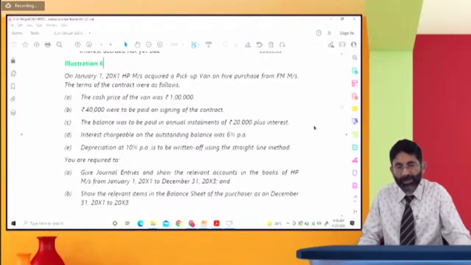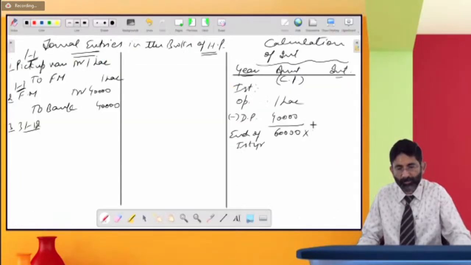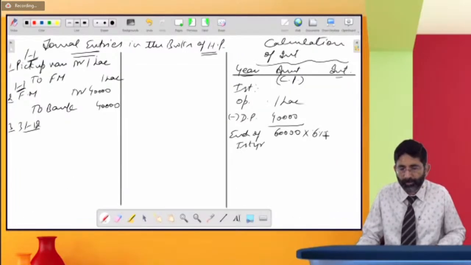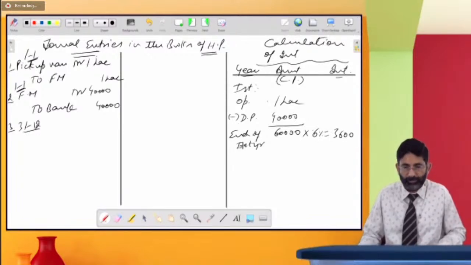Rate of interest is 6% per annum, beta, it will be 3,600. Any doubt to anyone? End of first year, it will be 3,600.